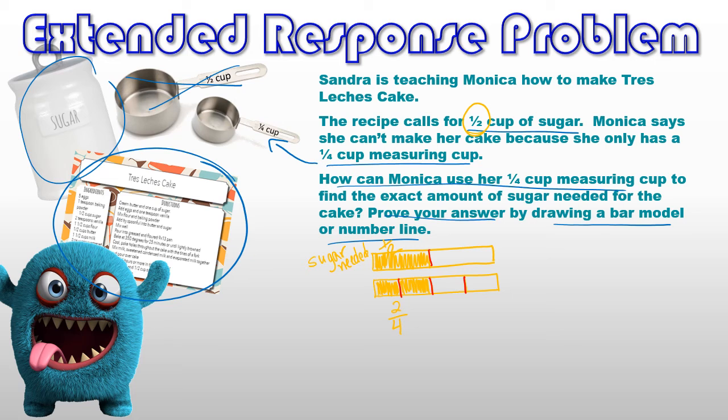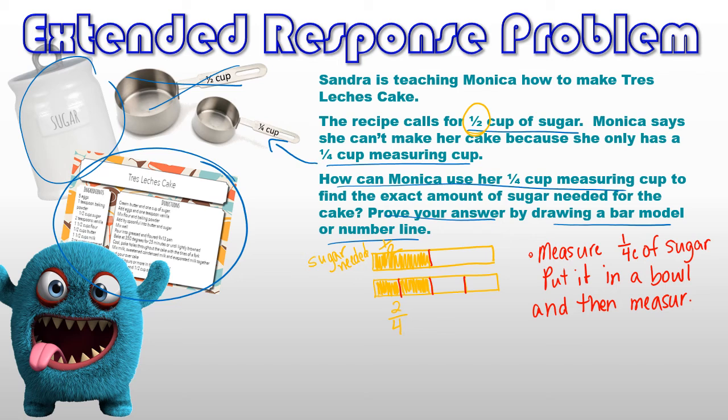So if I need 2/4, what can I do with that measuring cup? Well, I would tell Monica, measure 1/4 cup of sugar, put it in a bowl, and then measure another 1/4 cup of sugar.